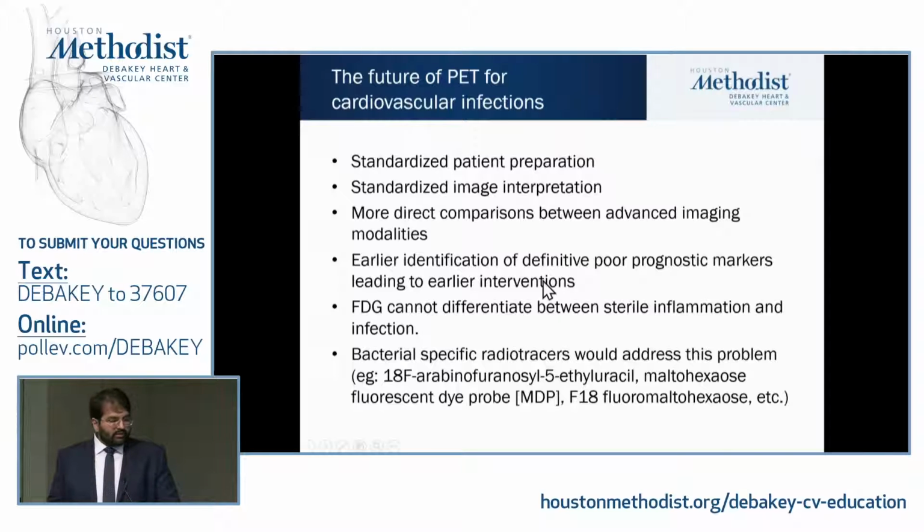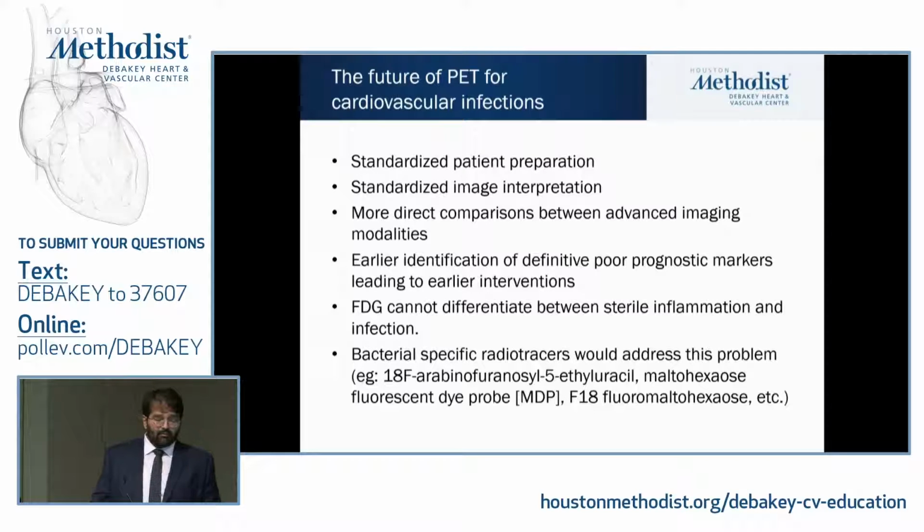This is the future of PET for cardiovascular infections. Right now, people are making up their own protocols or going by clinical instinct. Standardized protocols and standardized patient prep in the future are going to make a lot of difference. Direct studies comparing PET to other advanced modalities: right now, there are a lot of studies comparing PET to echo, but not much in the way of comparison to CT and MRI.